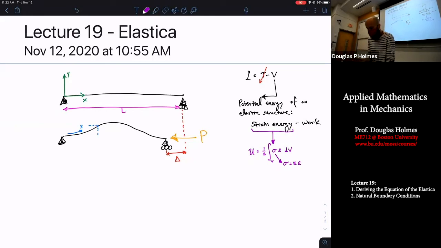Okay, so with a little bit of algebra and replacing, we solve for epsilon and stick sigma over E into here for epsilon. Then we can rewrite this as 1/2 over the volume of stress squared over E times dV. You might also remember from mechanics of materials that we know something about the stress in an object when we bend it.